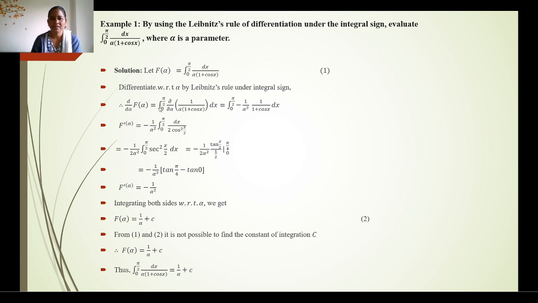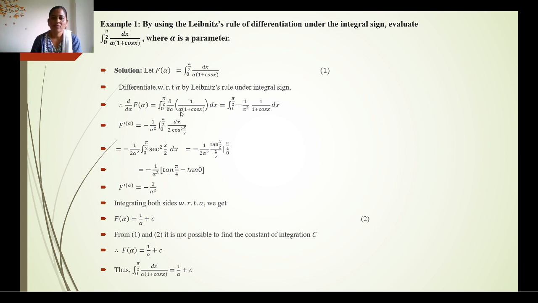Under the integral sign, the integral is there, then partial differentiation. So on both sides we have to differentiate. On the LHS, d by d alpha of f of alpha is equal to the integral of 0 to pi by 2 of del by del alpha of 1 divided by alpha into 1 plus cos x dx.